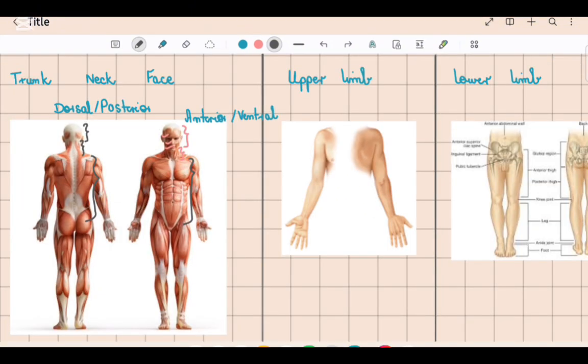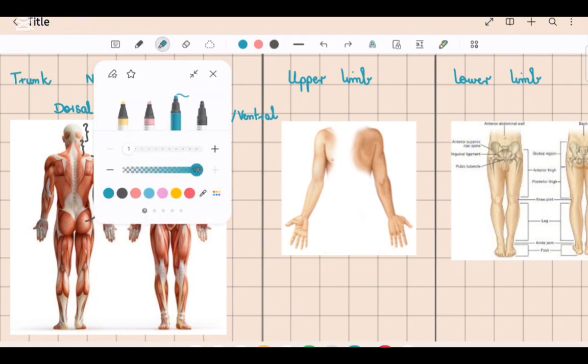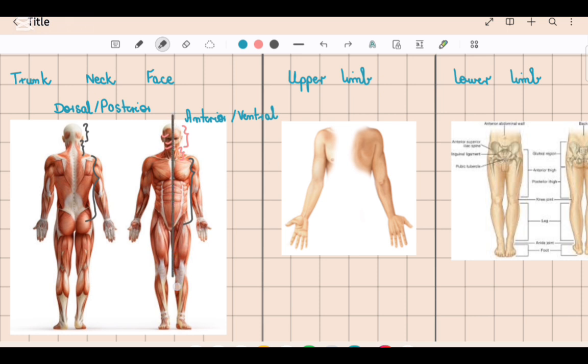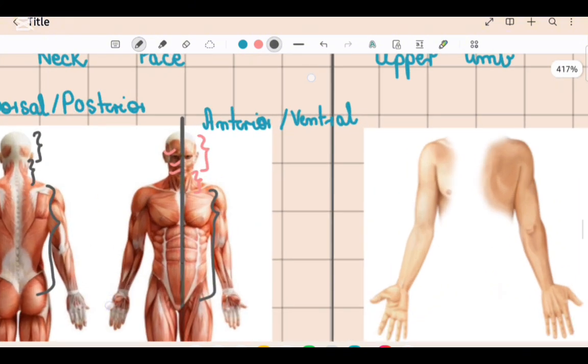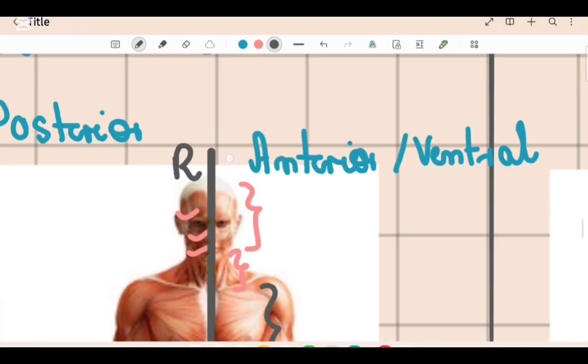Anything which is close to the median plane is called a medially placed thing, and anything which is away from the median plane is called laterally placed. Let me just draw a midline for it. Yes. Okay. So that is your midline, which is basically the median plane dividing the body into the right and the left half.